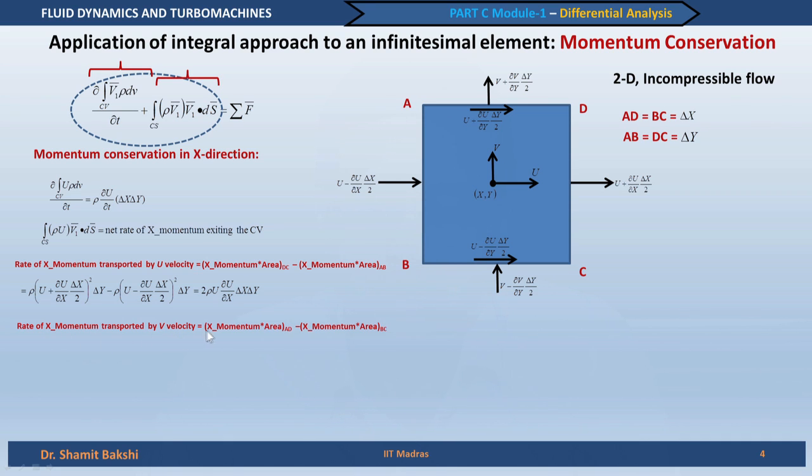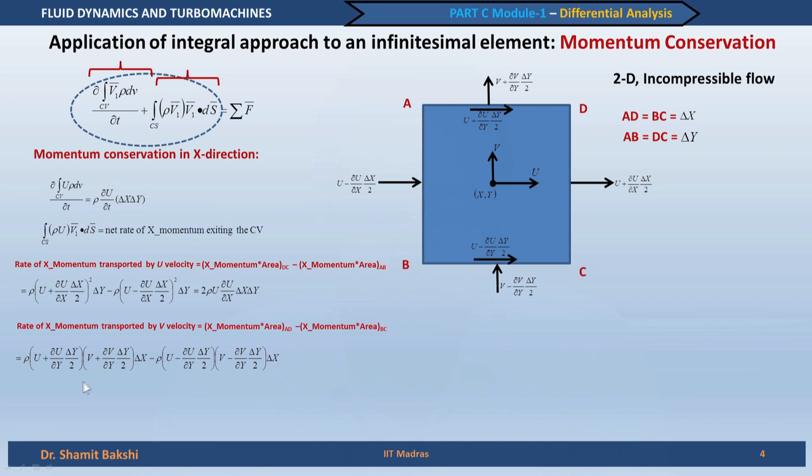So, if you do that, again we can write in this form: this is the x momentum multiplied by area, which is exiting through the surface AD, subtracted by the x momentum multiplied by area, which is coming in through the surface BC. Now, to write an expression for this, we have to remember that this is the x momentum transported by v velocity.